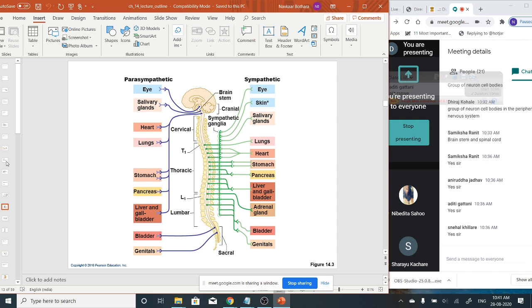This is to avoid over-activation of one or the other. And when this goes wrong, because of genetic, physiological, environmental, or occupational factors, people encounter diseases.